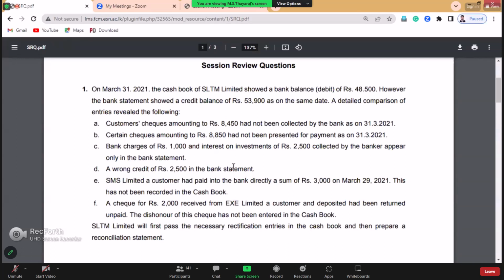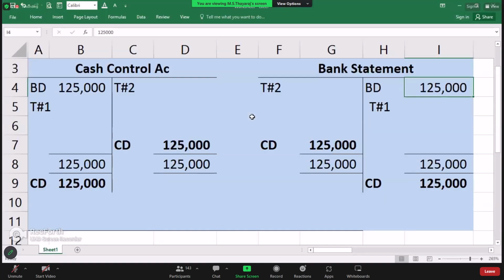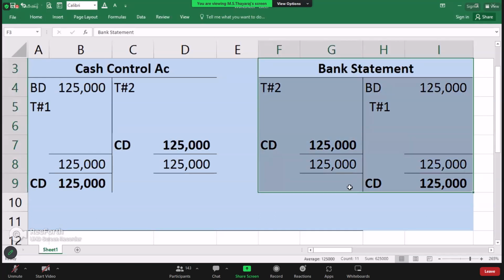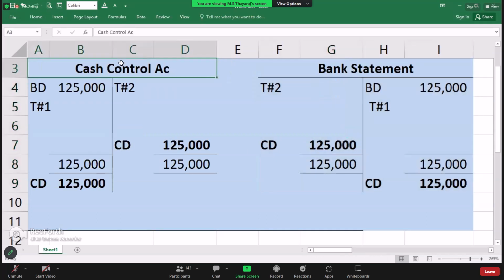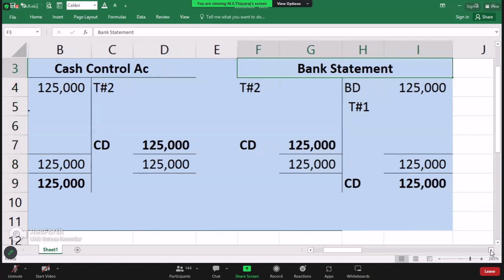Okay, so first, the cash book balance is 48,500 and the bank credit balance is 53,900. Here, first I have to put up T accounts for our reference: the cash control account and the bank statement account.